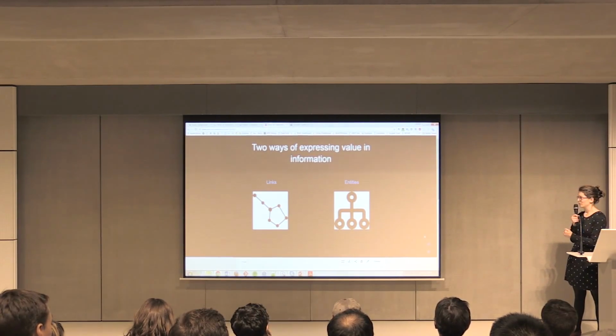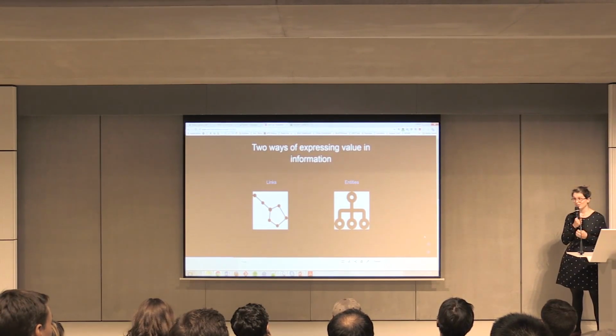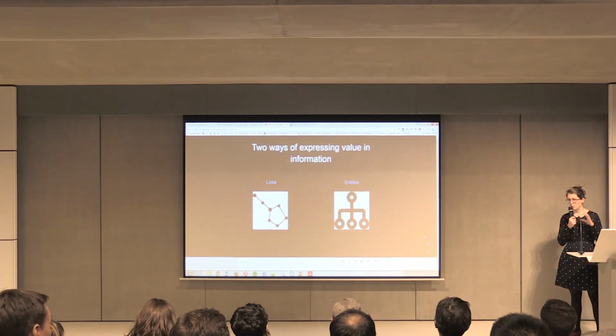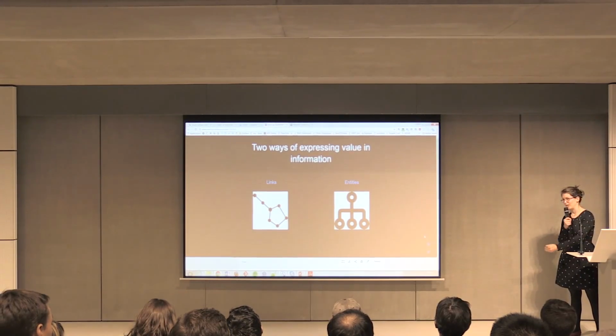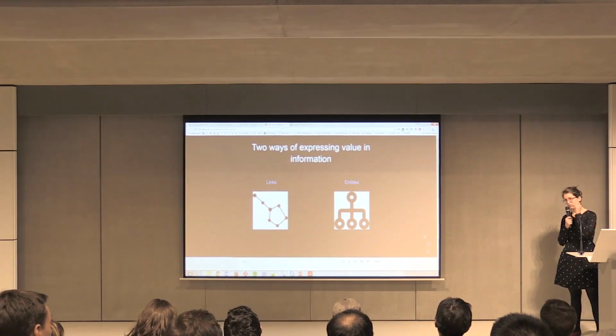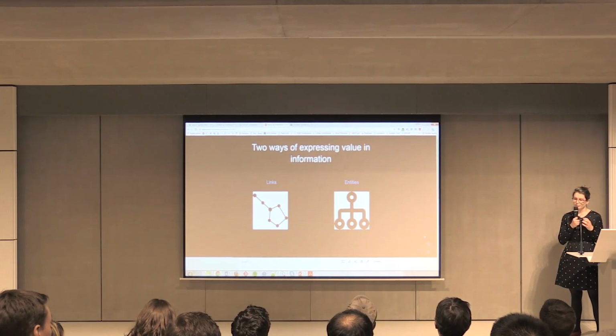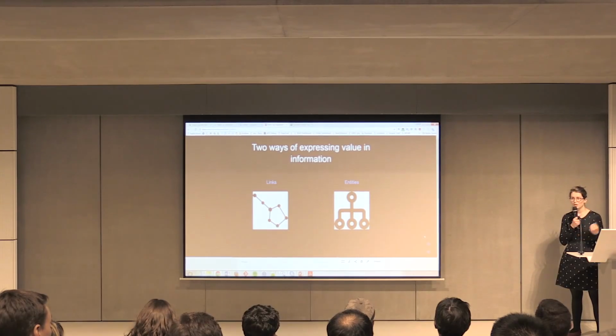When you look at results on the Google page, you'll see that the data which is displayed is acting like a currency. It is representing the things it's pointing at, and it is showing a value by its position on the page. If it's on top, it's expressing a high value. If it's on the bottom, it's expressing a low value. So Google is basically using links, and it's measuring this value with the number of links which is pointing to an entity. So the links is really a currency of attention here.